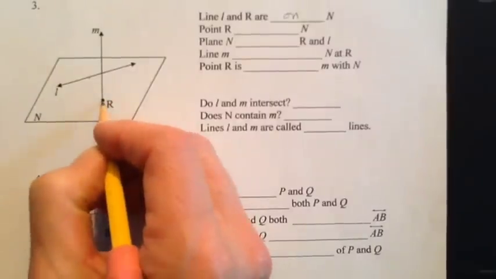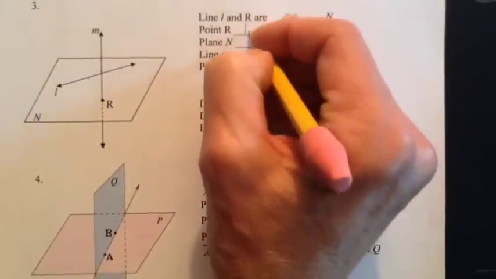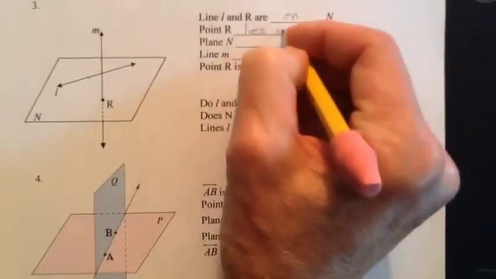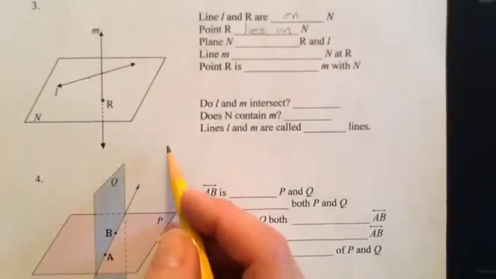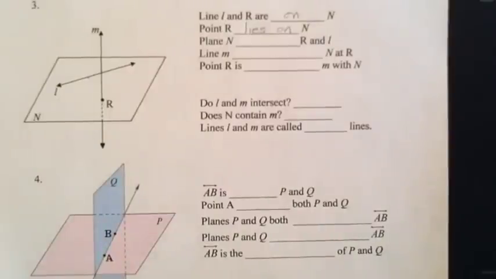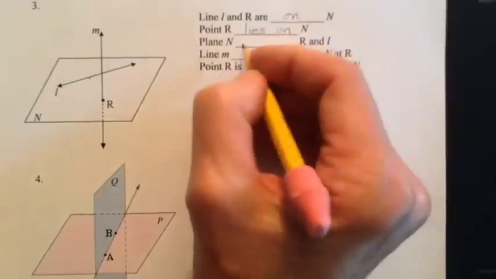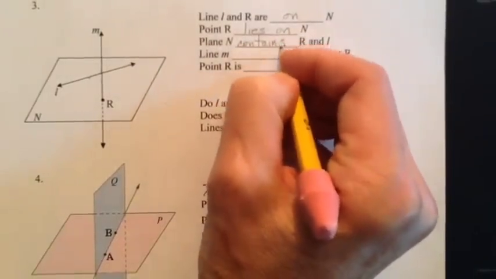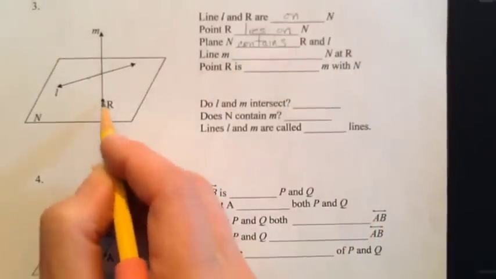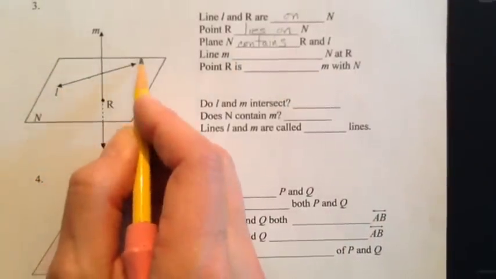Point R lies on N. Point R lies on plane N. Plane N contains both R and L.